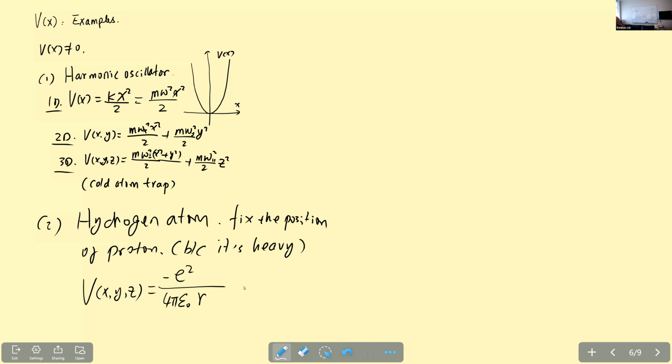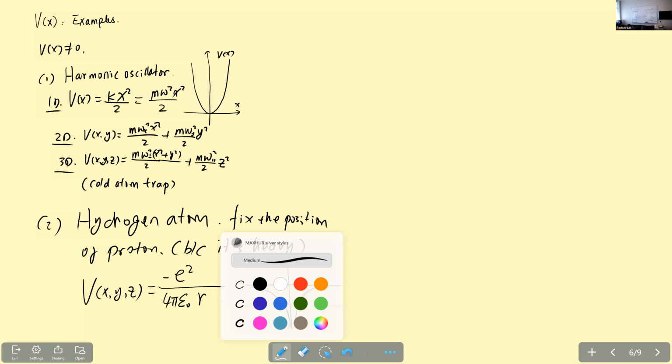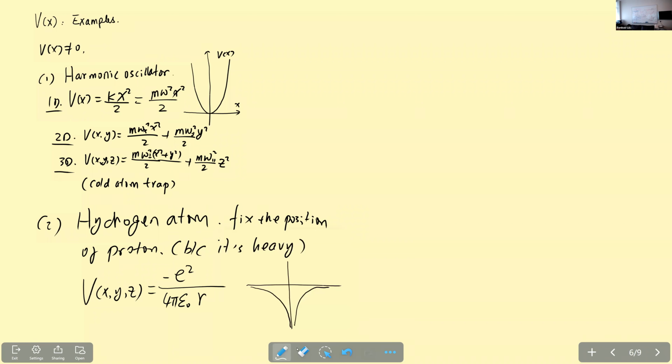If we plot this one, it goes something like this. So this is V(r), for example. So this is another case. There are different examples.